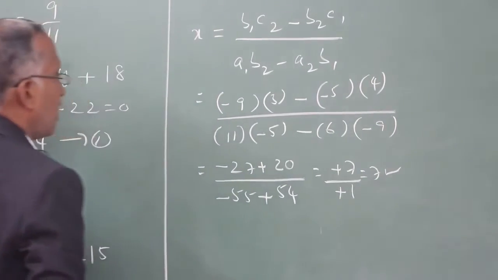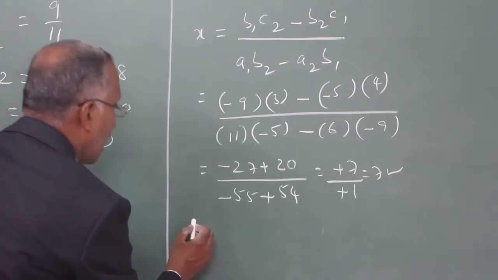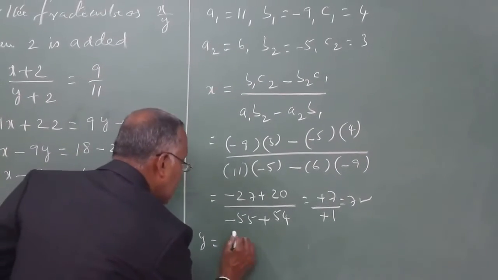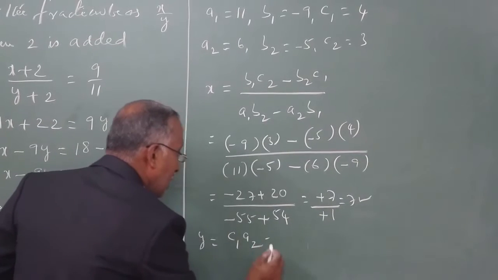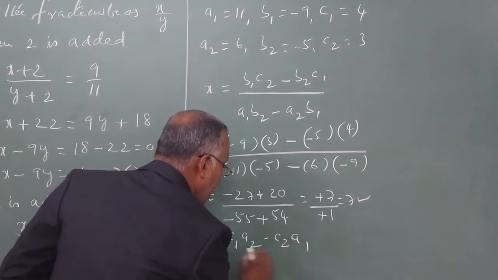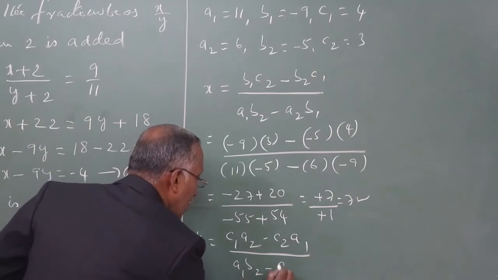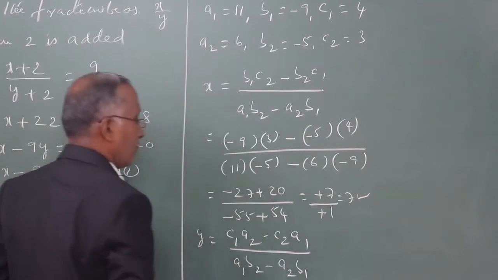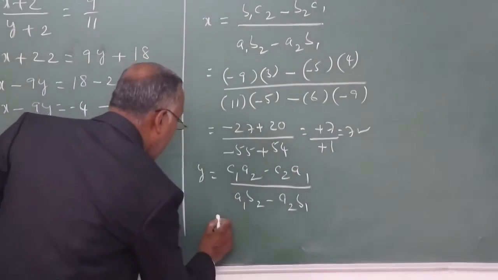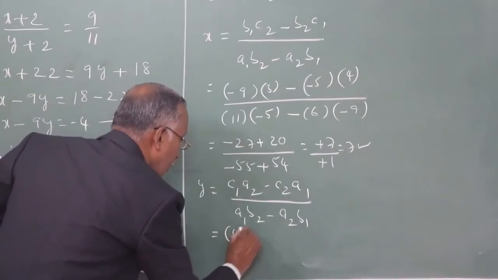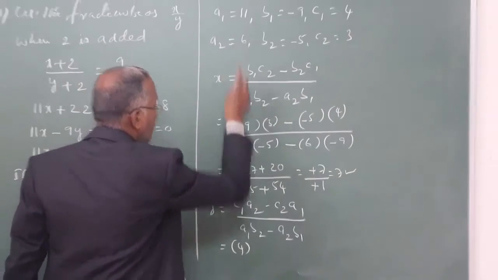In the same way, we have to calculate y also. y equals, we know that, c1 a2 minus c2 a1 by a1 b2 minus a2 b1. Let us substitute the values here. c1 is 4. What about a2? a2 is 6.